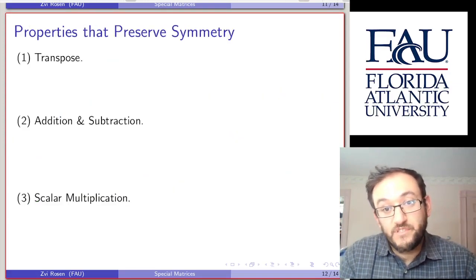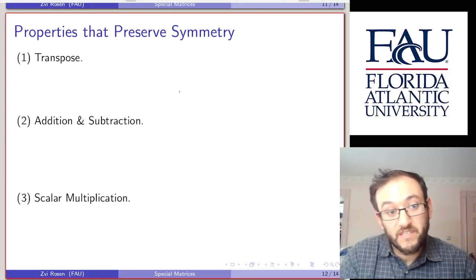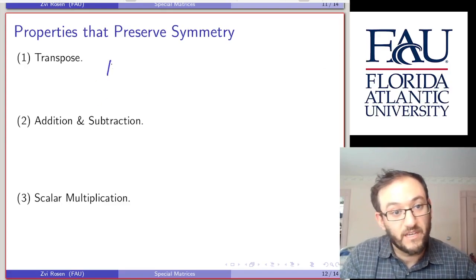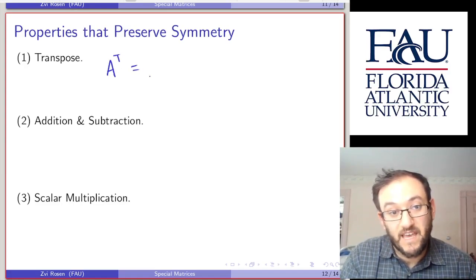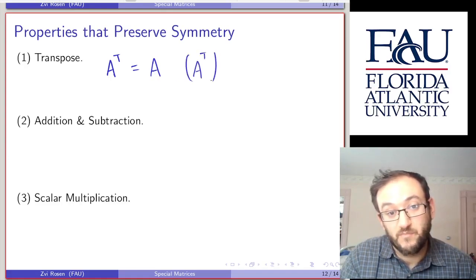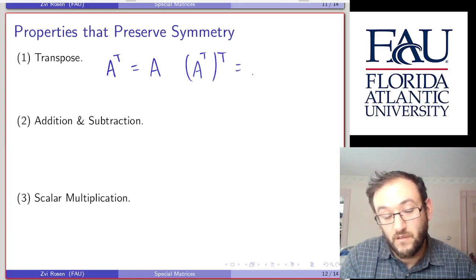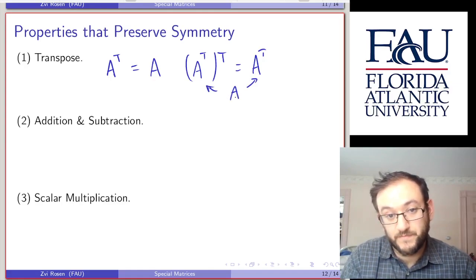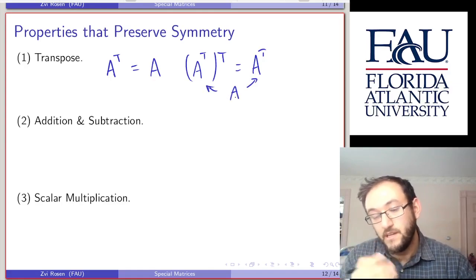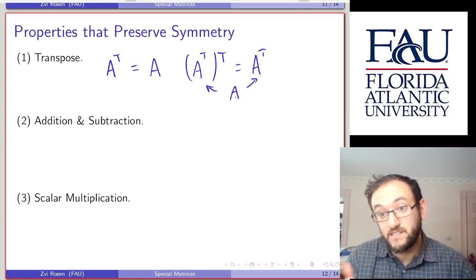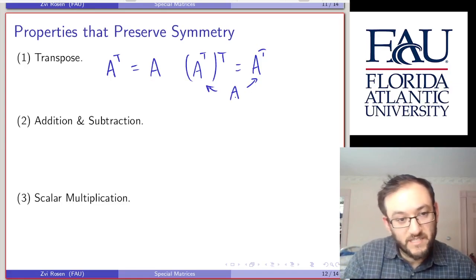Okay, so what preserves symmetry? Obviously, transposing preserves symmetry because if I know that A transpose equals A, then certainly the transpose of A transpose also equals itself, because they're both equal to A. So you can take the transpose of a symmetric matrix, still symmetric. How about addition and subtraction?